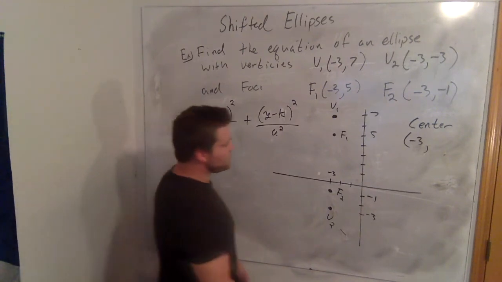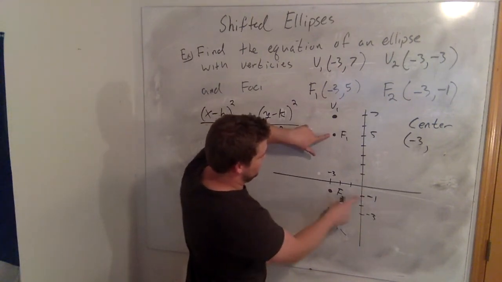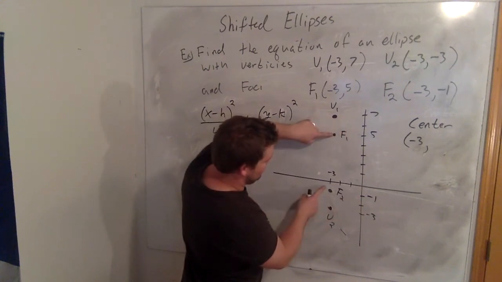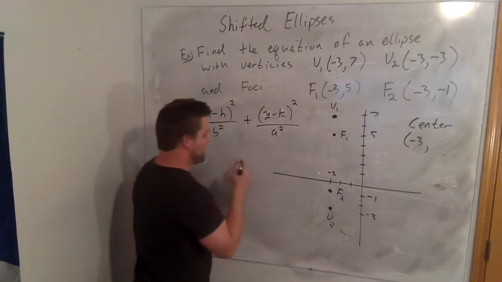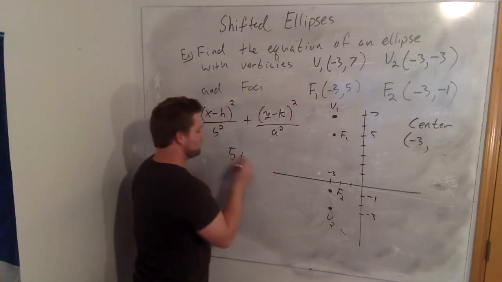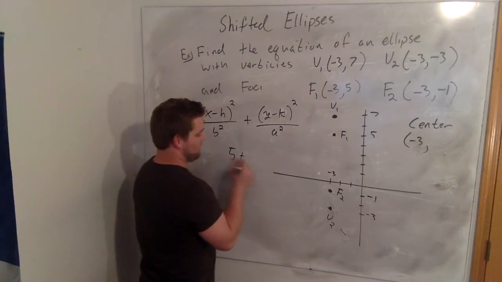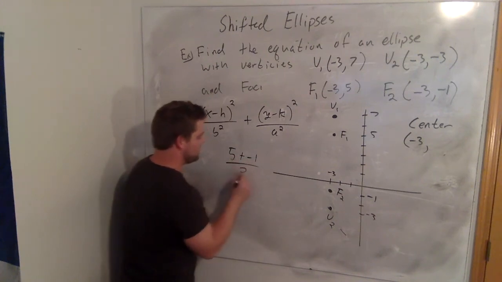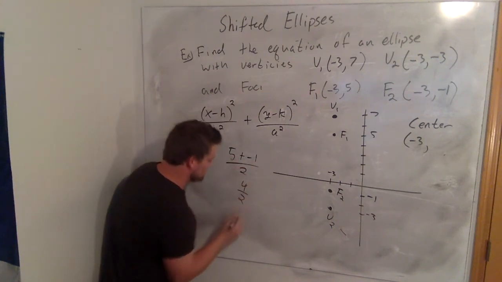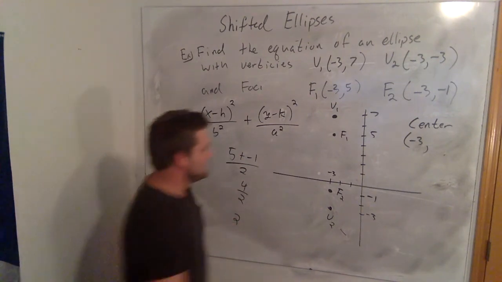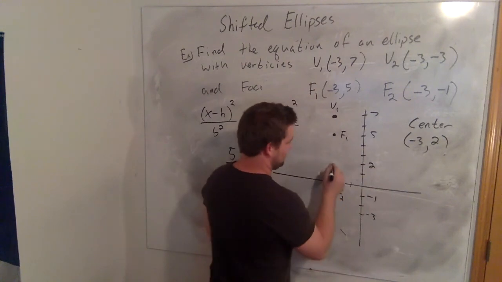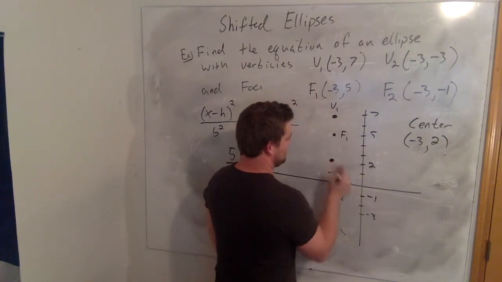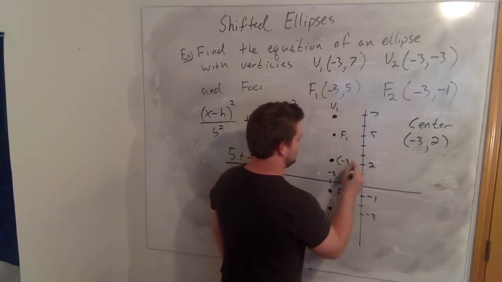You can either average negative 1 and 5, or average negative 3 and 7. Either should give you the same answer. Let's do 5 and negative 1. What number is halfway between 5 and negative 1? It's 2. So the center is at negative 3, 2.